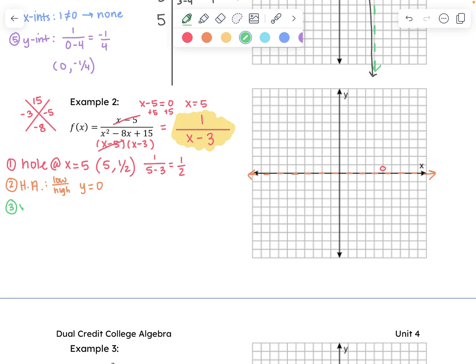Find my vertical asymptote. I'm going to set the bottom equal to 0. So x minus 3 equals 0. Add 3 to both sides. So x equals 3. Vertical asymptote going up and down at 3.